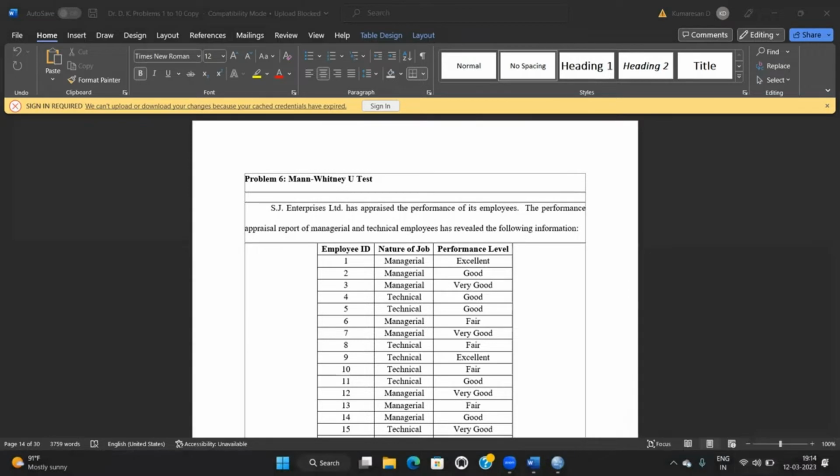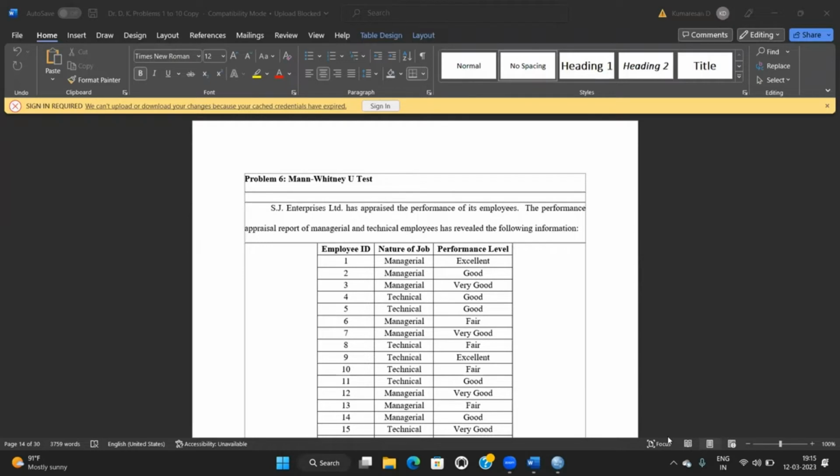So you can decide easily whether the independent samples t-test or the Mann-Whitney U test is to be applied based on the literature, similar nature of studies, and which test was used. Based on that, you can select the test.